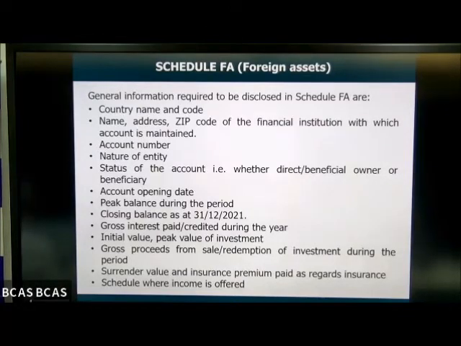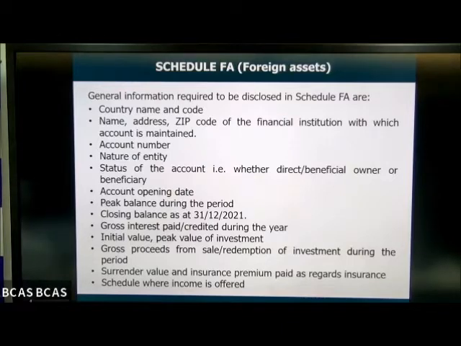31st December 2021. Now, this is with reference to the return of income for assessment year 2022-2023. For the returns for this year, the closing balance as at 31st December 2021 is also to be reported.